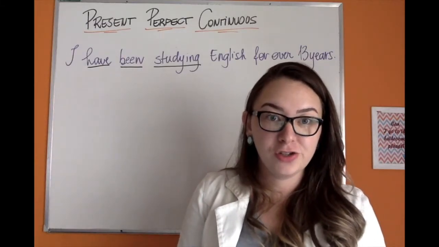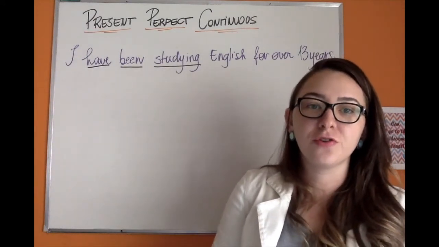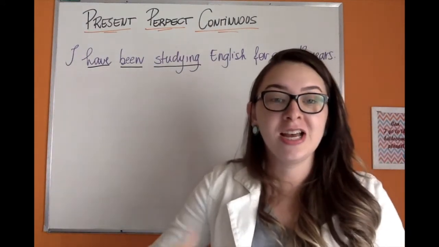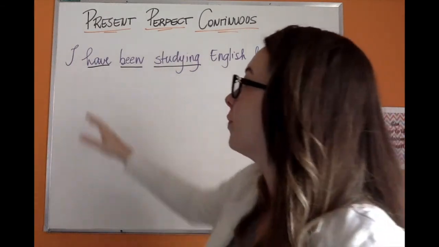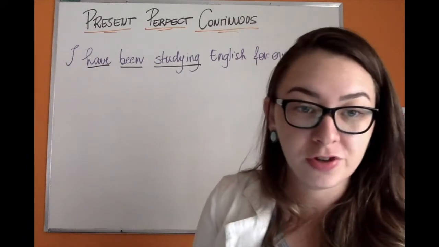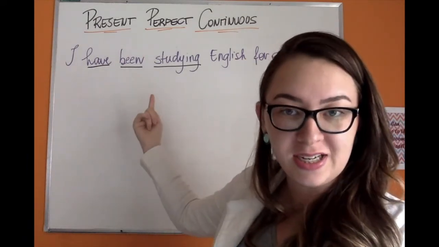I have decided to keep the same example here on the board. I have been studying English for over 13 years, and now we're going to explore the structure a little bit. So, we have three verbs here: have, been, and studying.